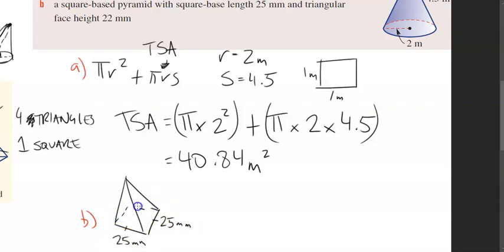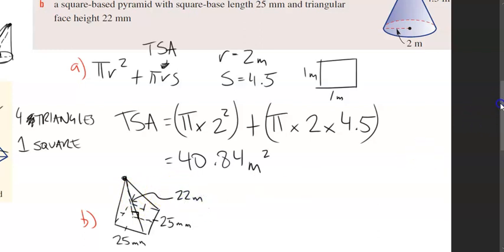It has a face height of 22 mil, so from the apex down to where it hits the base at a 90-degree angle, that height is 22 mil.